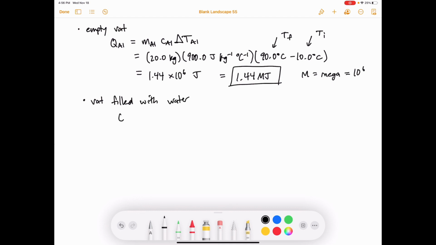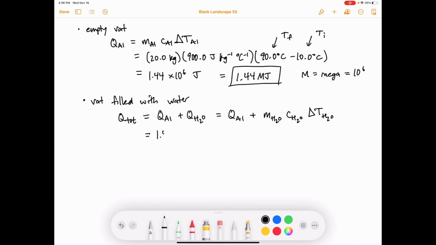The heat that needs to flow into that system, call that Q total, is the heat for the aluminum plus the heat for the water. For the aluminum, we already have a number, so we'll leave that as is. For the water, that's going to be given by the mass of the water times the specific heat of the water times delta T for the water, H2O. So here's what we have.